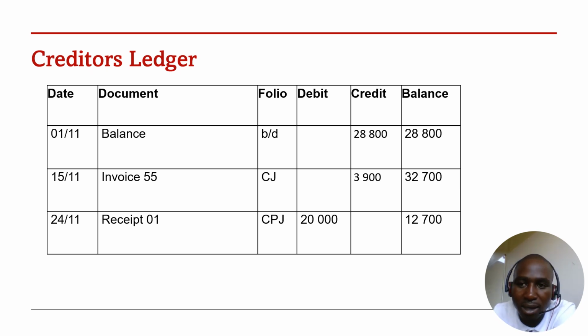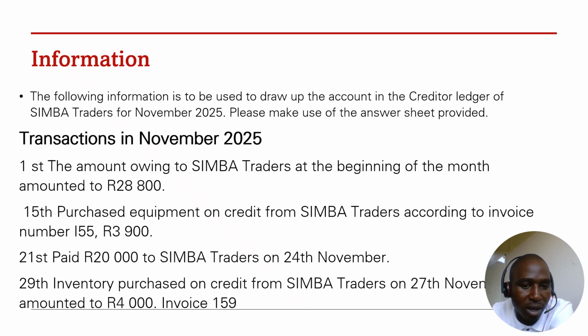Let's see the last transaction. It says inventory was purchased on credit from Simba Traders on 27 November, and it amounted to 4,000, invoice number 159. It means we are increasing our credit because we are purchasing on credit. Whenever you are purchasing, you write on the credit side, and when you are paying, you write on the debit side.